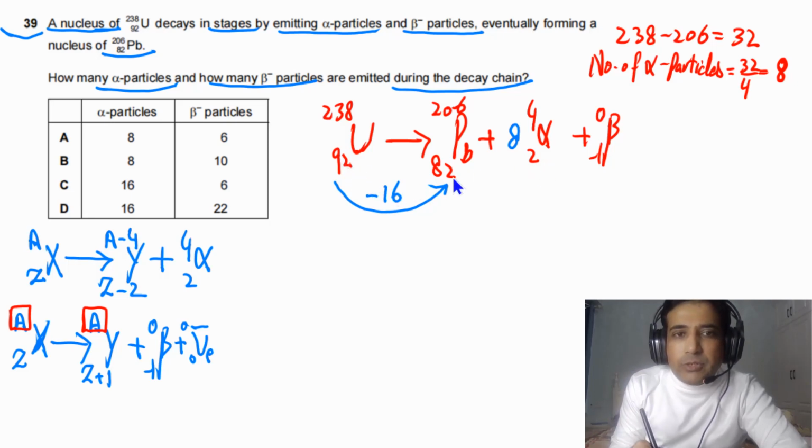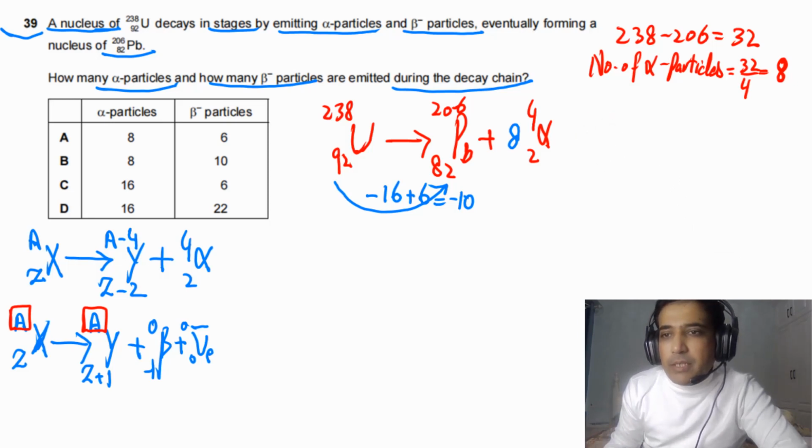But actually in this case it is decreasing by 10. So it means there are 6 beta particles. 16 plus 6, this has to be equal to minus 10. So there are 6 beta particles emitted in this case, and there are 8 alpha particles.